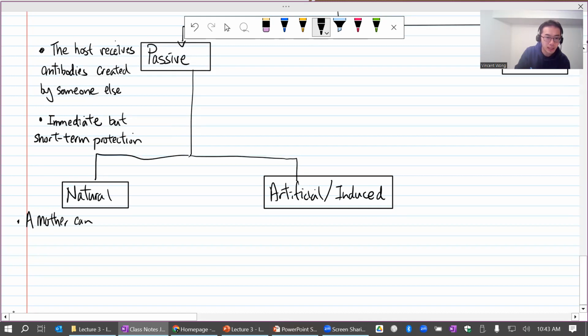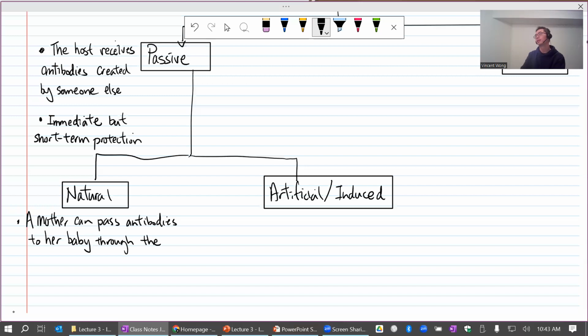A mother can pass antibodies to her baby through the what? We learned about this before. Fill in the blanks for me. How does the antibody from the mother go to the baby?